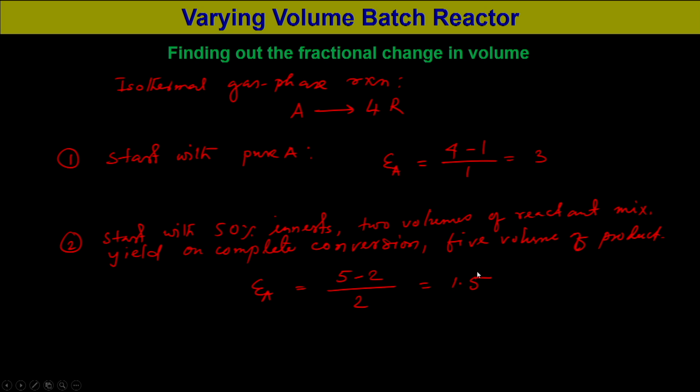So, from here we can see that epsilon takes into account both the stoichiometry as well as the presence of inert.